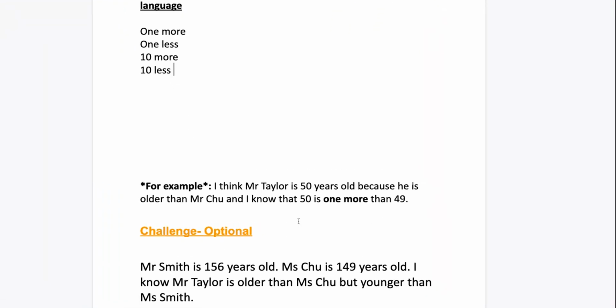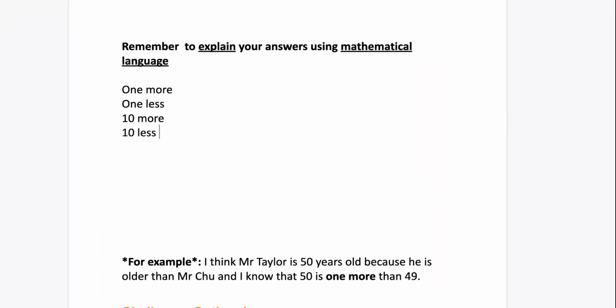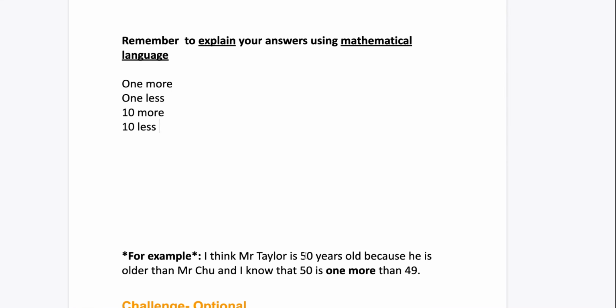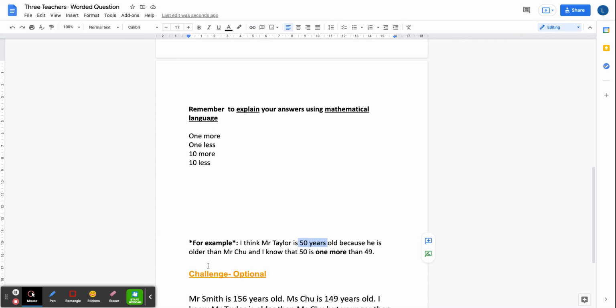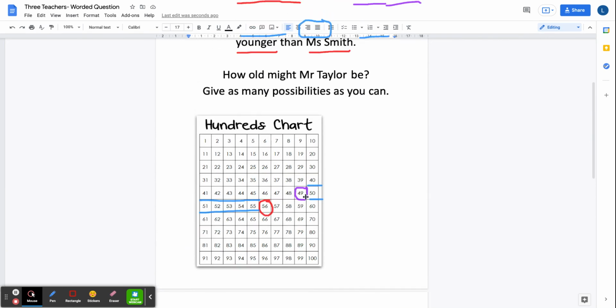So for example, Miss Portelli has said, I think Mr. Taylor is 50 years old because he is older than Ms. Chu. Let's see if that's correct. Could that be an answer? He's older than Ms. Chu, so Mr. Taylor could be 50 years old. What is my reasoning?